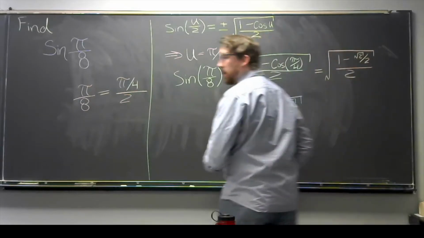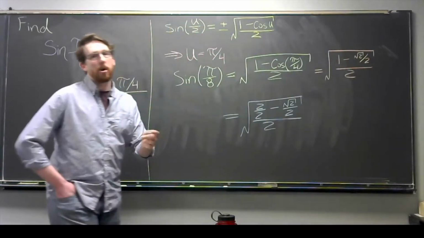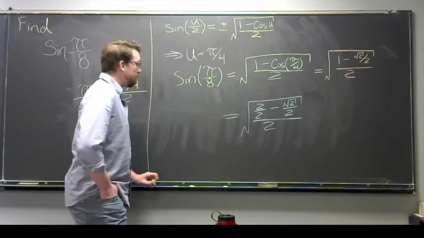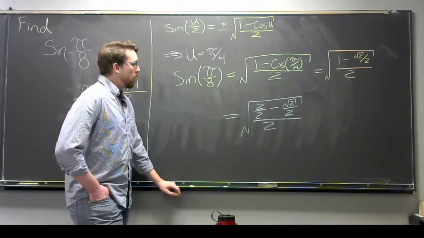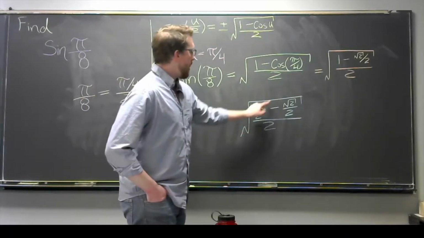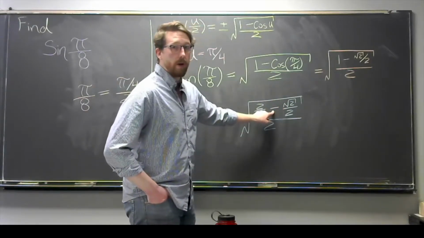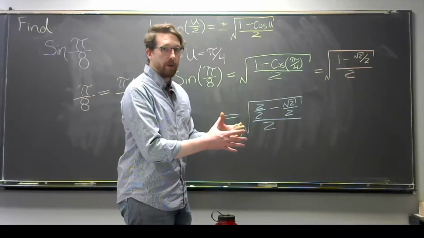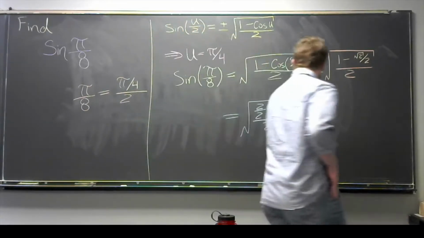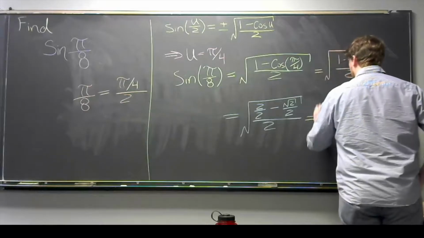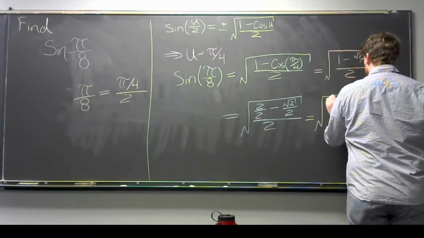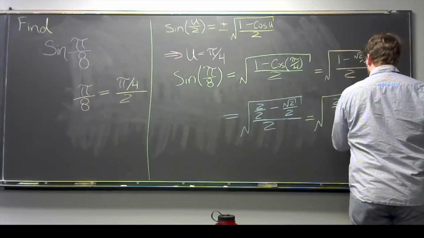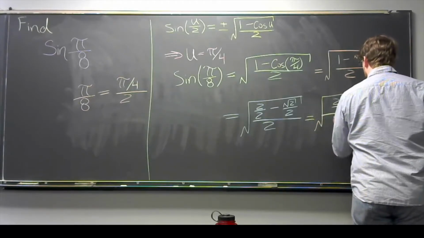Well, this is messy. Yeah, it is, and I'm sorry for that. Well, we can combine this numerator under the radical, combine that as one fraction. When we do that, we're going to get 2 minus the square root of 2 over 2, all that divided by 2.